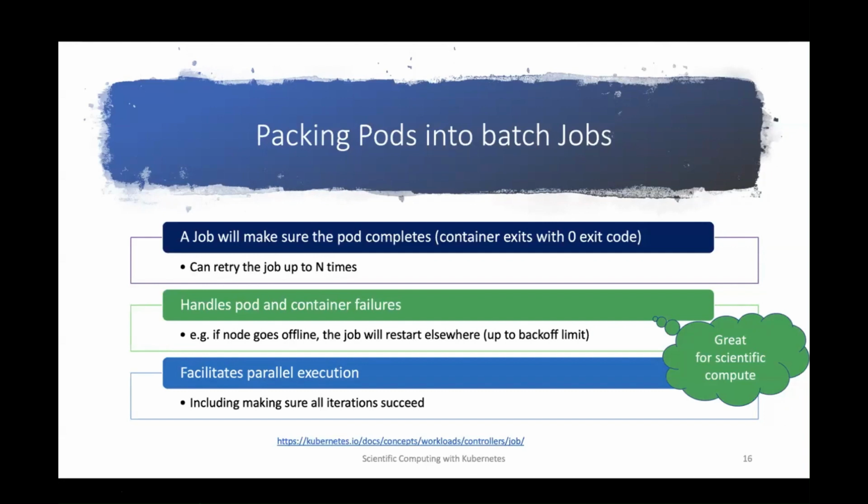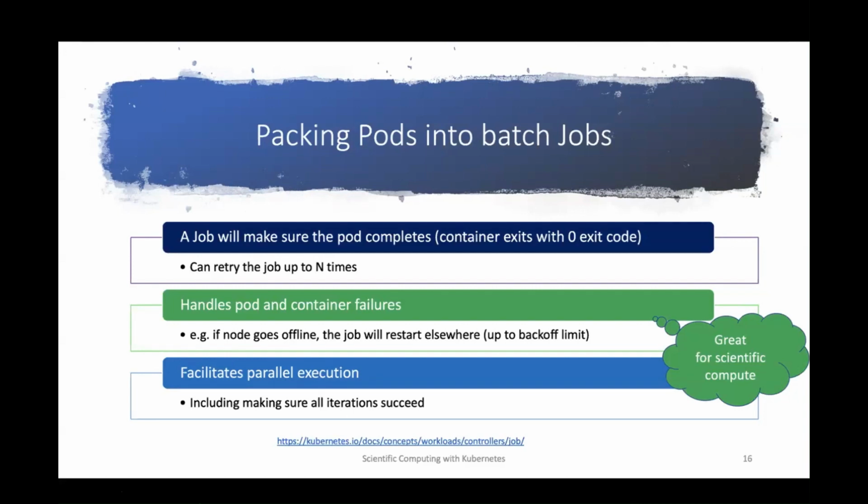And another one is that you can actually create an ensemble of pods and run them as a single job. So you submit a single job that will run, let's say, 100 pods, and you don't have to submit 100 independent ones. You just submit a single job that will make sure all 100 of those instances will run to completion.